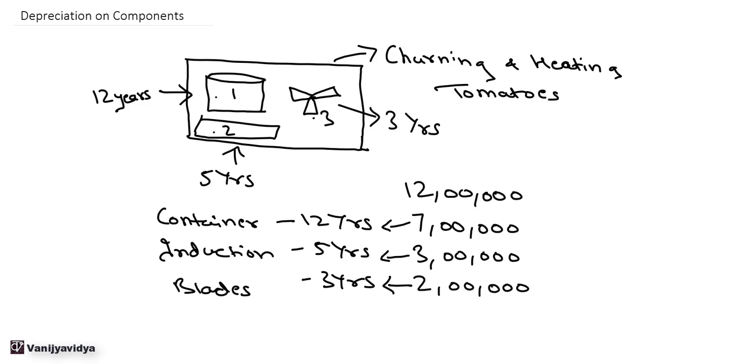So both the accounting standard as well as the Companies Act require that whenever a particular machinery or fixed asset has different important components with different useful lives, the cost needs to be bifurcated and the depreciation charged to each component depending on its useful life.